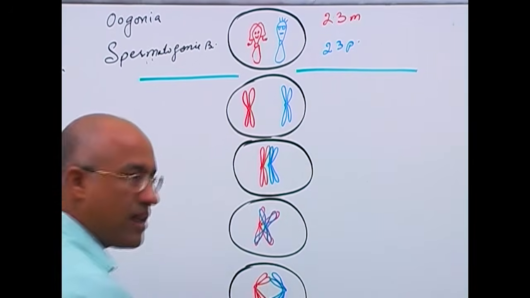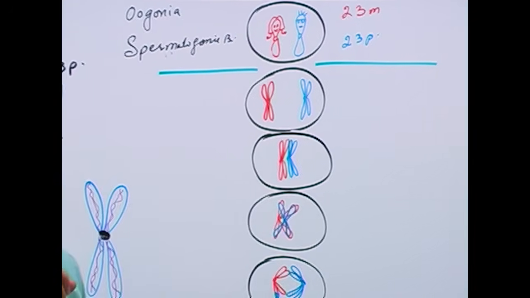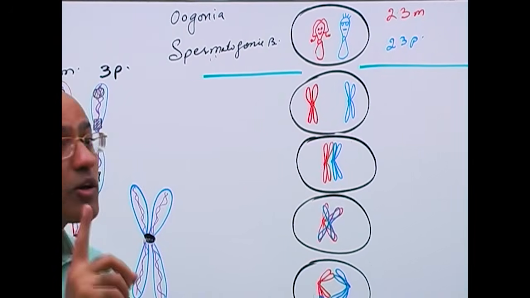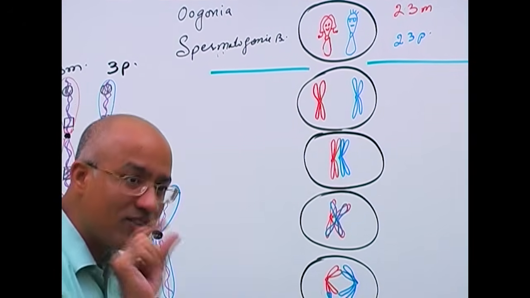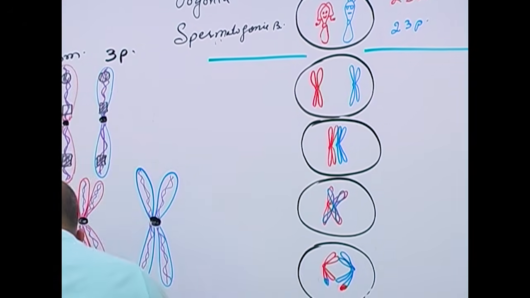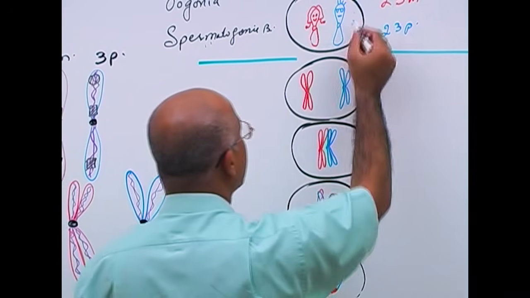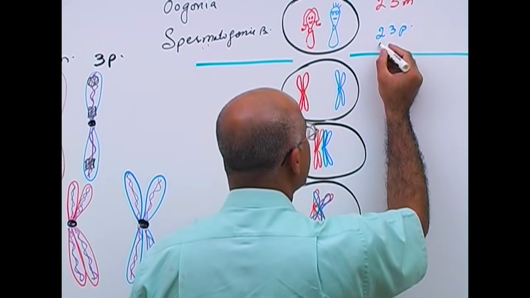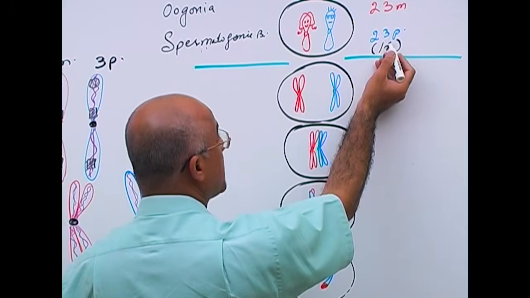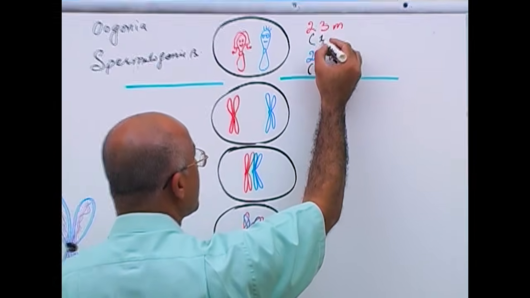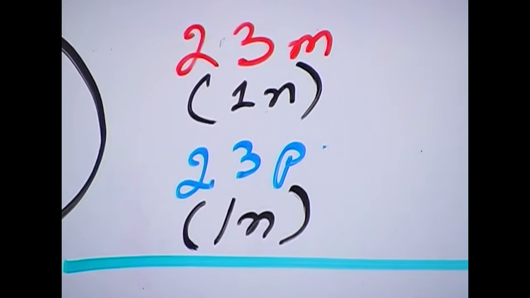Now, when there is a full set of 23 chromosomes, we call it 1n, one small n. So in this cell, Spermatogonia, there is one small n from the paternal side and one small n from the maternal side, right?